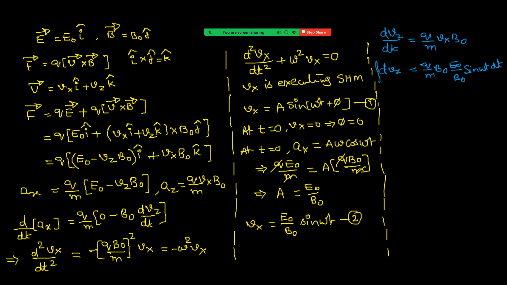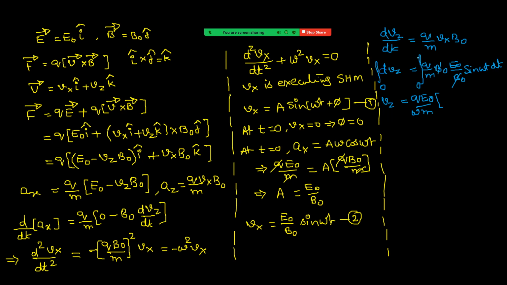Now integrate. B0 gets cancelled. At time t = 0, Vz = 0, and at time t it is Vz. Vz = qE0/m taken outside. Remaining is the integration of sin ωt dt, which becomes minus cos ωt by ω. So I'm taking ω outside.